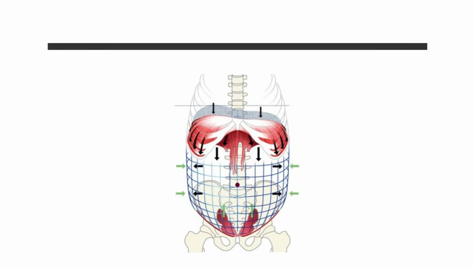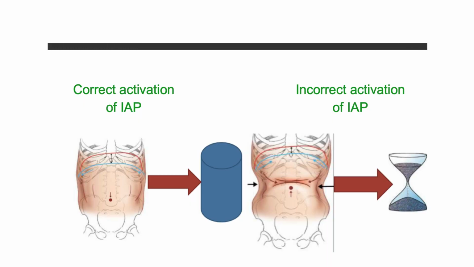And when we activate intra-abdominal pressure correctly, we can see that our stomach area is shaped like a cylinder. If people don't know how to activate it, they usually start to tighten their rectus abdominis, in other words, six-pack abs, and then it looks like an hourglass.